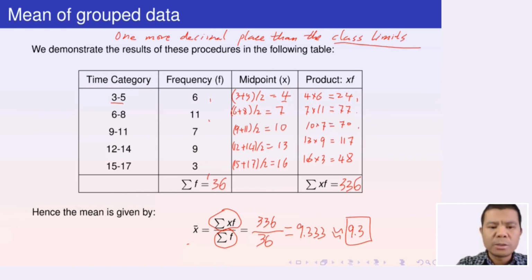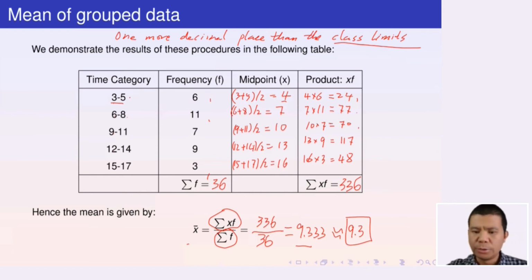For the class limits, we have 3, 6, 9, 12, 15 as the lower class limits, and 5, 8, 11, 14, 17 as the upper class limits. They are integers, so no decimal place. Therefore, we round the final answer to one decimal place, 9.3.